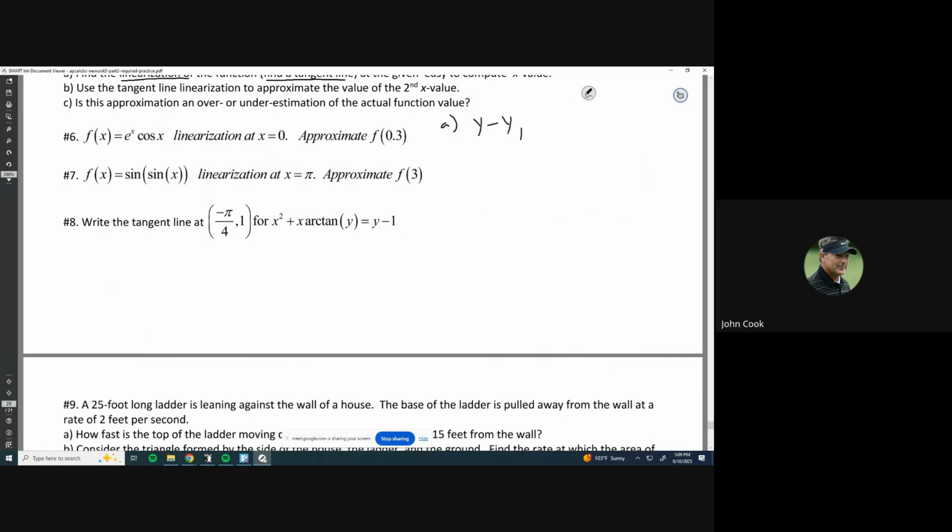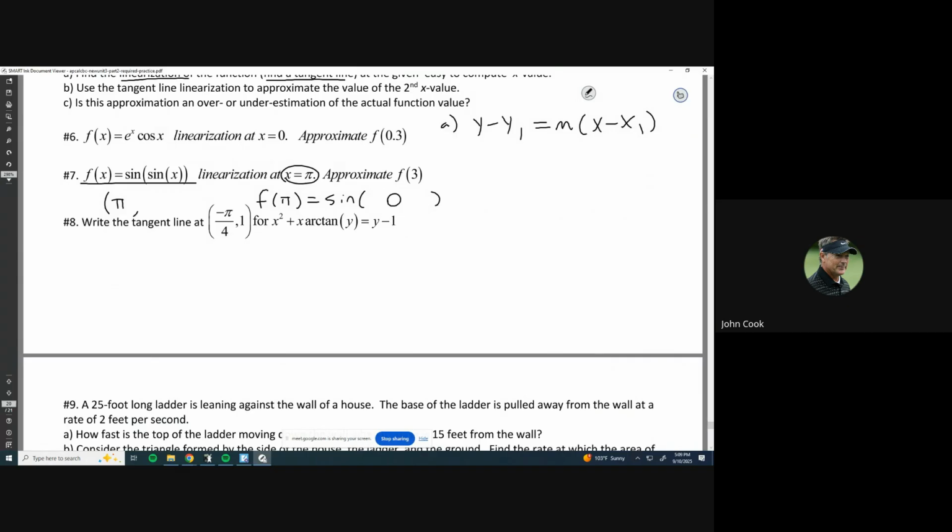So y minus y1 equals m times parentheses x minus x1. And now for number 7, we're using our value pi for x. So that gives us the first coordinate pi in there. And then we use the function to find the y value. So f of pi is equal to the sine of x, which is pi in this case. Sine of pi is 0.